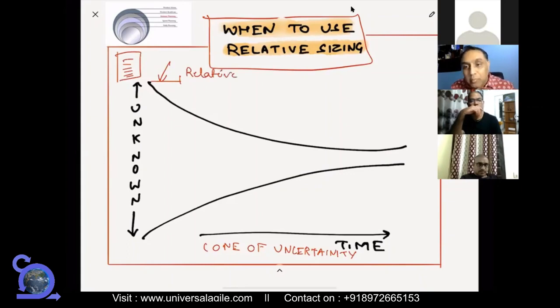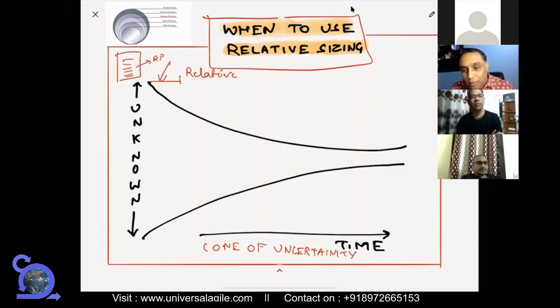Why? Because it is not a good idea to be precise here. You cannot be precise at this level. So the more relative you do, the better it is. That means from this backlog, choose one reference point and, basis that, estimate the others. Are you with me now?